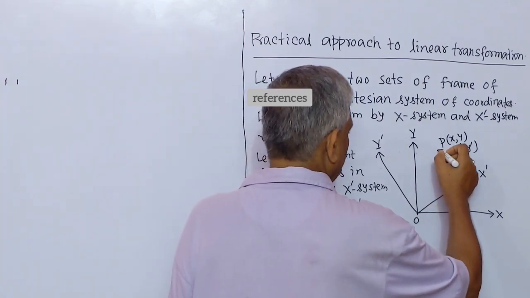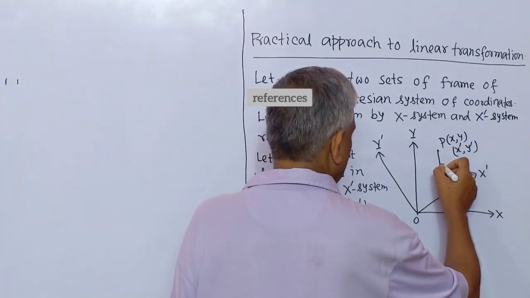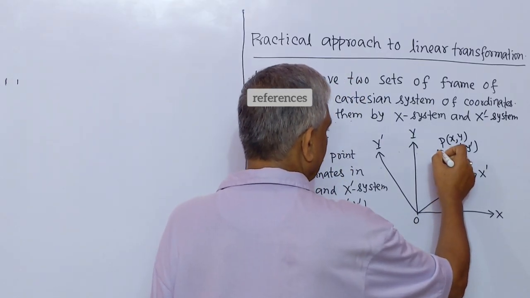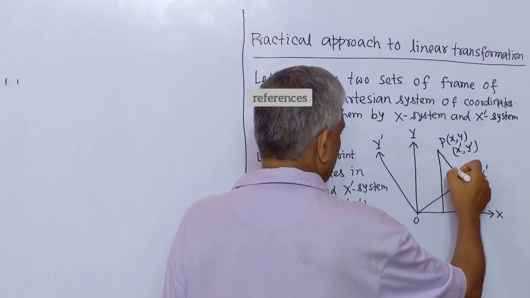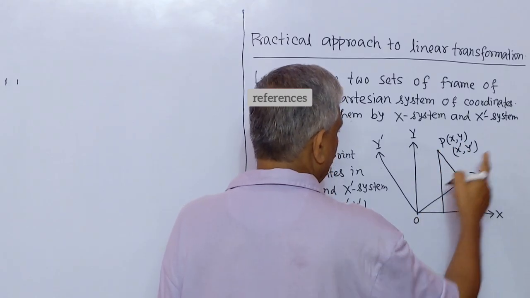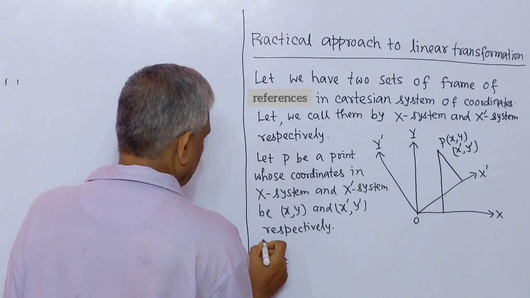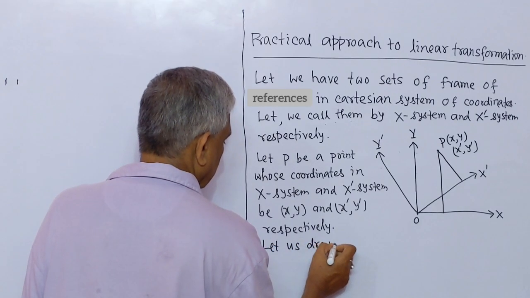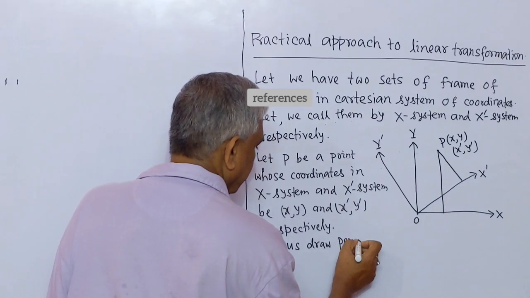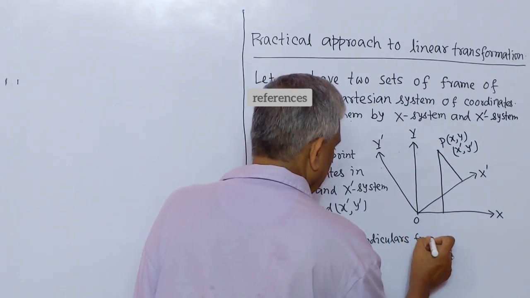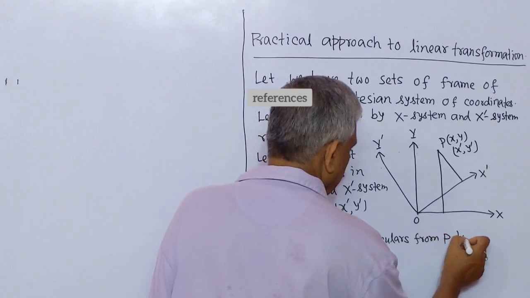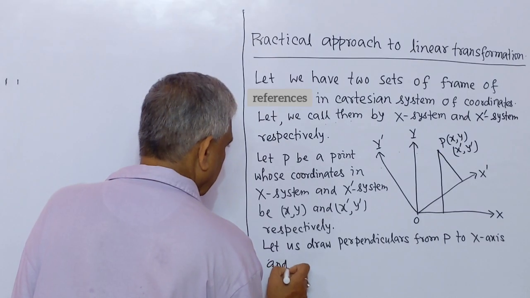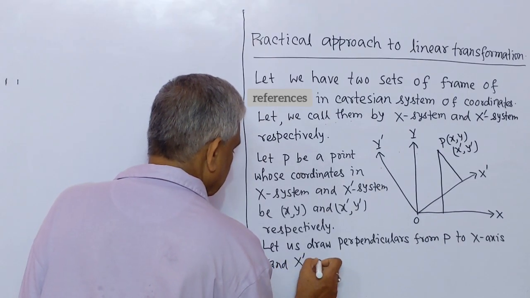Let us draw a perpendicular from point P to the X axis, and also a perpendicular from P to the X prime axis.